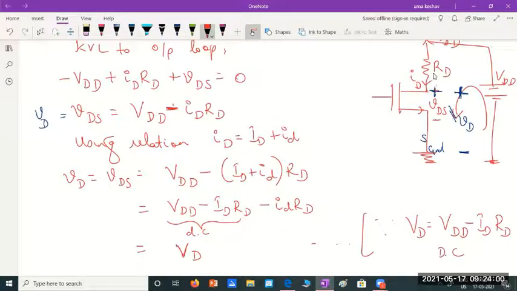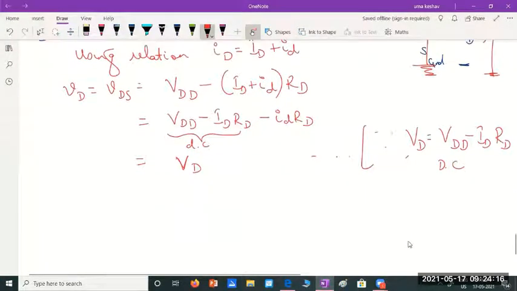In the circuit, you can see if I had considered just the DC current, then the drop across this resistor would have been capital ID RD. Total voltage minus the drop across this would give you the drain voltage capital VD. Okay. So I can rewrite this as capital VD minus small id into RD.